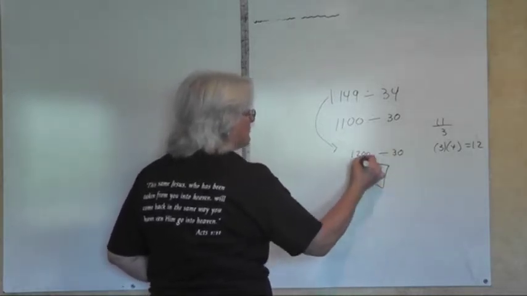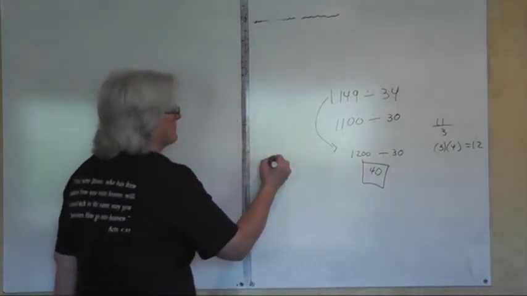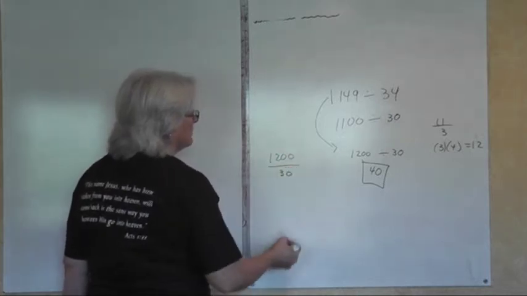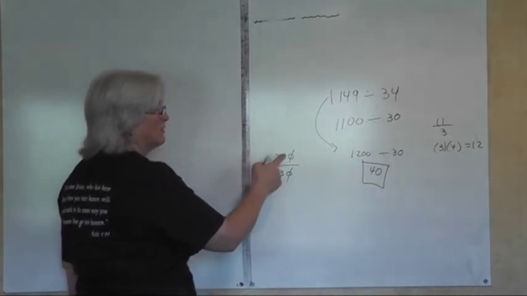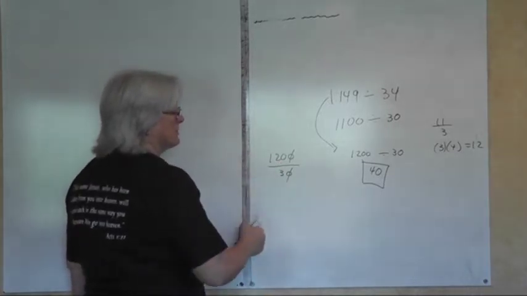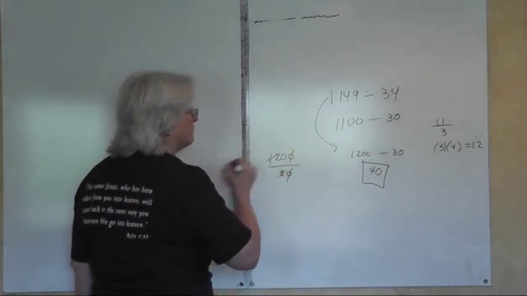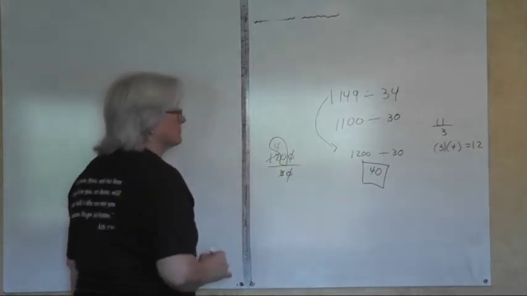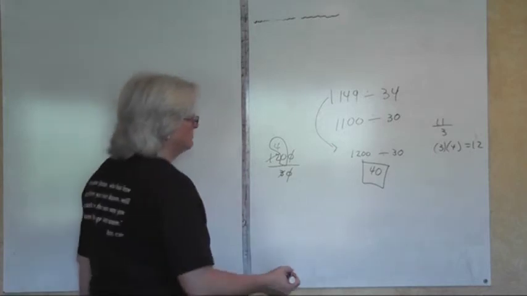We're going to see that 40 is our solution. Our answer, 1200 divided by 30, a factor of 10 cancels. You have 120 divided by 3 is 40. Or how many times will 3 go into 12? Goes in 4. You still have the 0 here. So 40 is your solution. Okay?